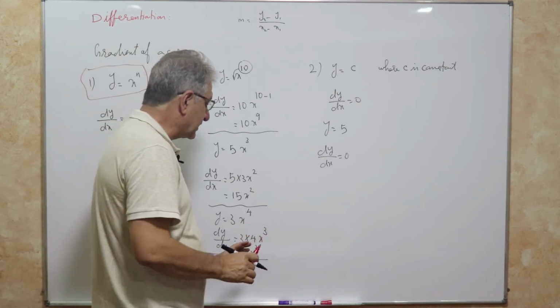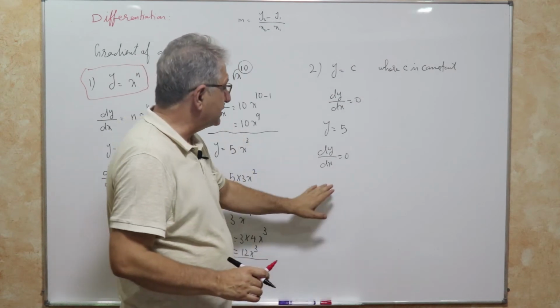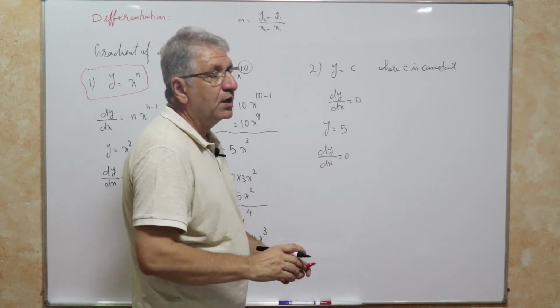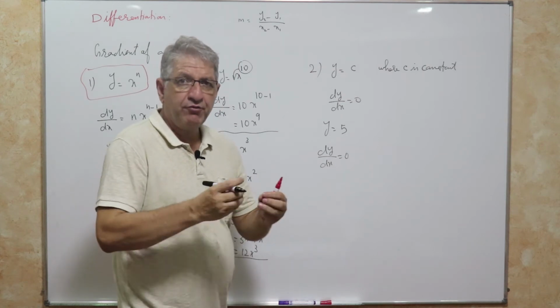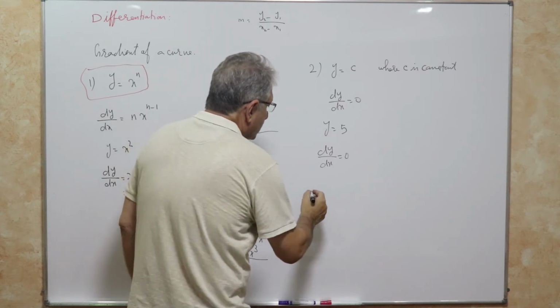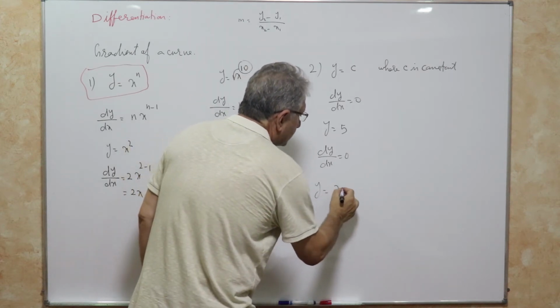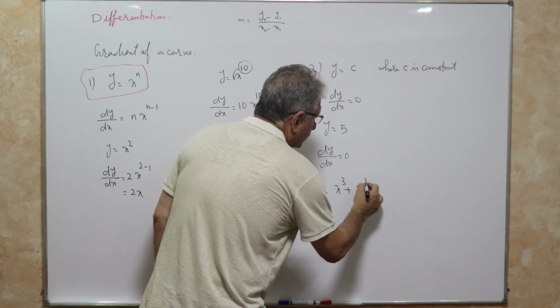The only other thing is the linearity of this operation. What I mean by that is, if you have a sum or subtraction of a few functions, you have to do it one by one. Suppose you have y equal to x to the power of 3 plus x to the power of 2.